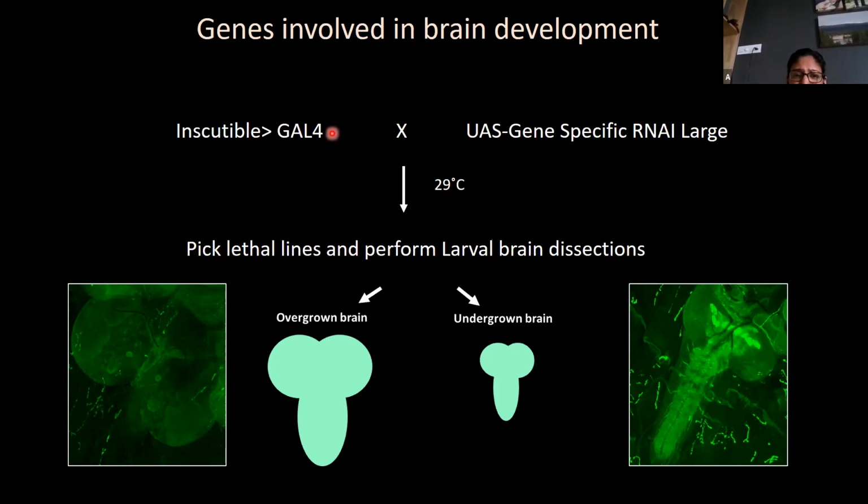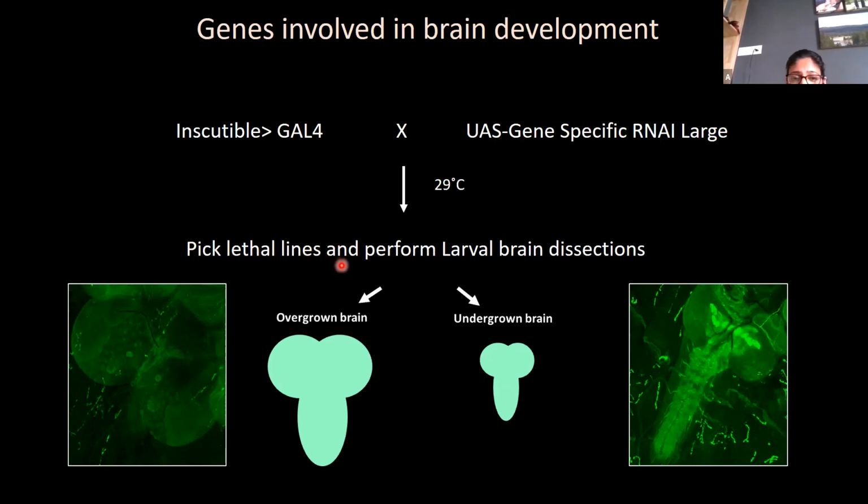Just remember, when you set up this cross at 29, you keep it for 3 to 4 days for enough larvae, and then you transfer the parents to a new vial because you want to keep it rolling. So in vial number 1, I let them sit at 29 and just let them die to see whether loss of this gene leads to lethality or not. Now I see, okay, line number 6 is lethal. So I still have vial number 2 with me.